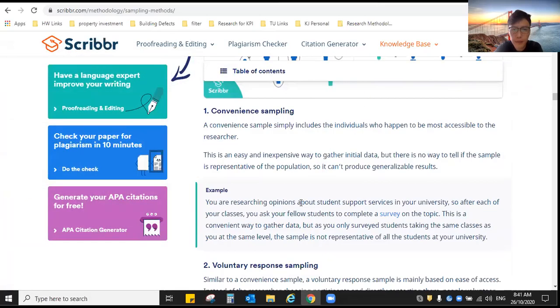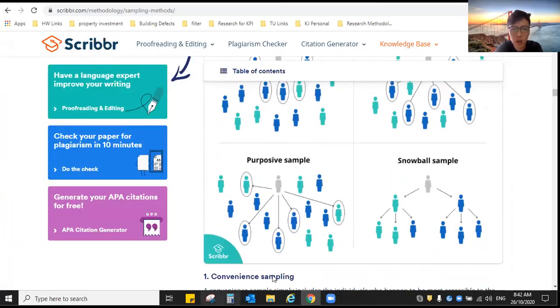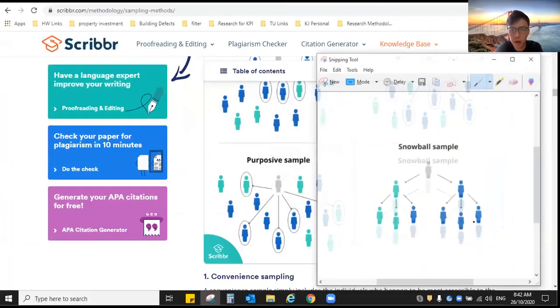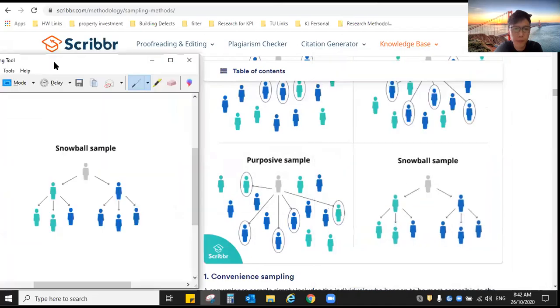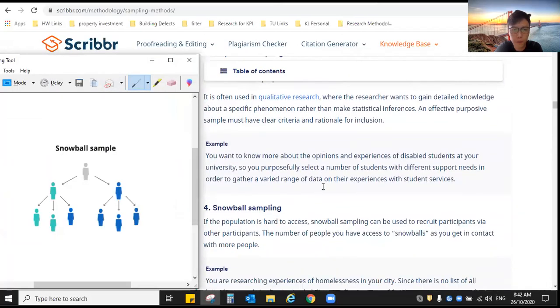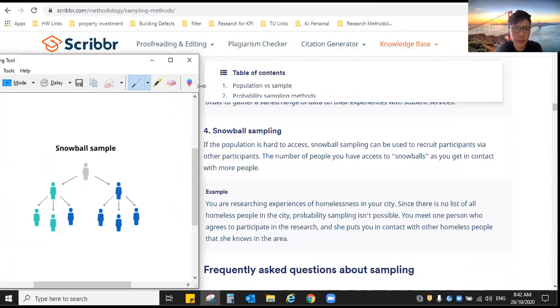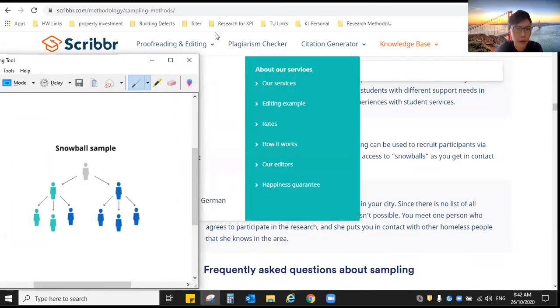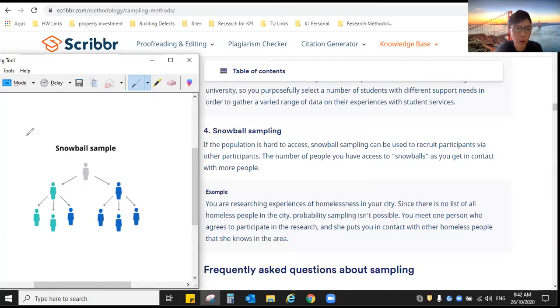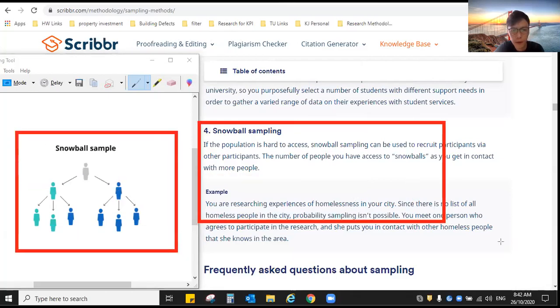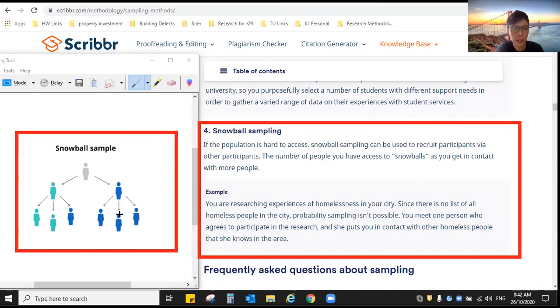Next, after purposive, snowball. So what is snowball? Let's have a look at the image.